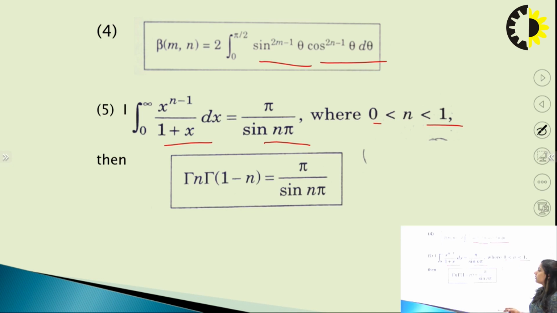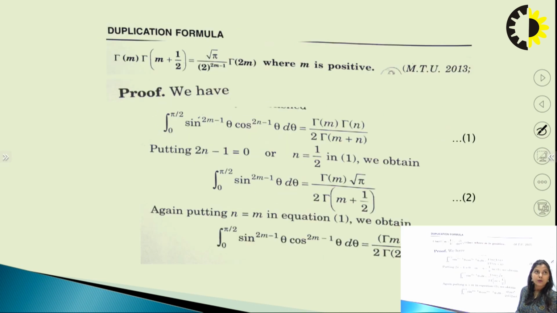So this integration is equal to gamma n and gamma 1 minus n, and the value of gamma n gamma 1 minus n is equal to pi upon sin n pi, where n is from 0 to 1.